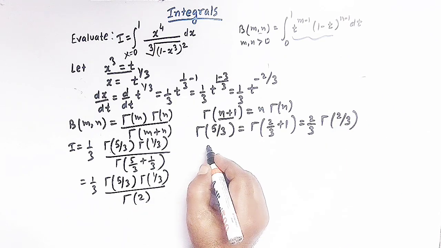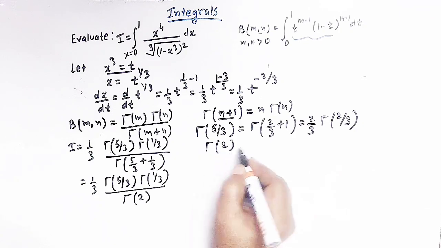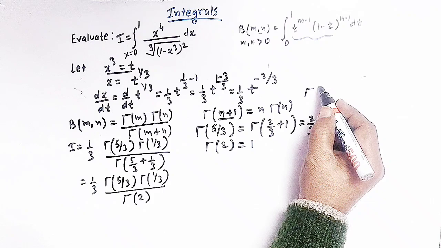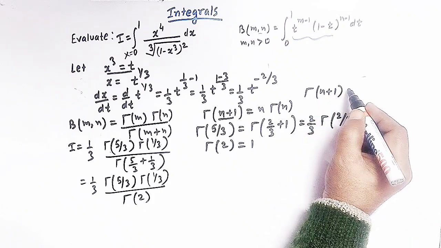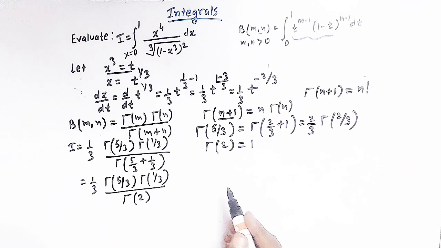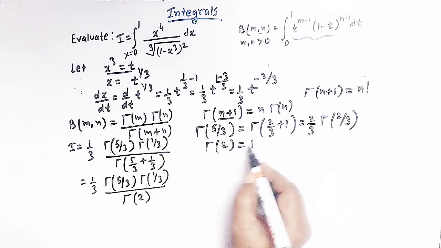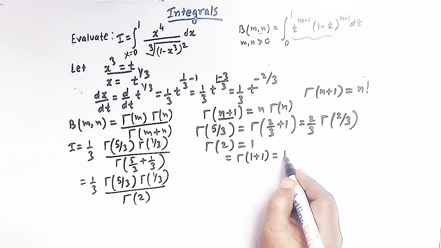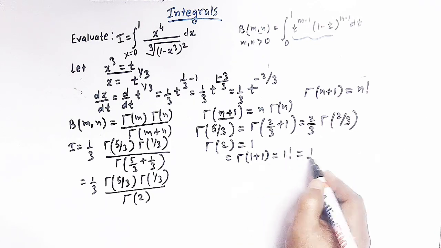And gamma 2 is equal to 1, because we know that gamma n plus 1 is equal to n factorial when n is a positive integer, right? So gamma 2 can be written as gamma 1 plus 1, and that is 1 factorial, that is equal to 1.